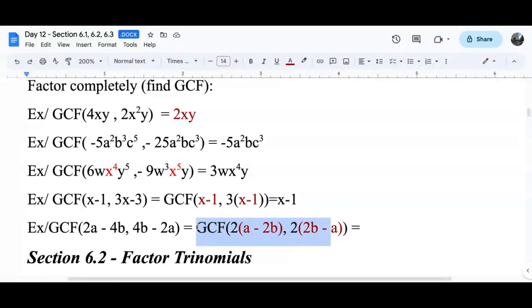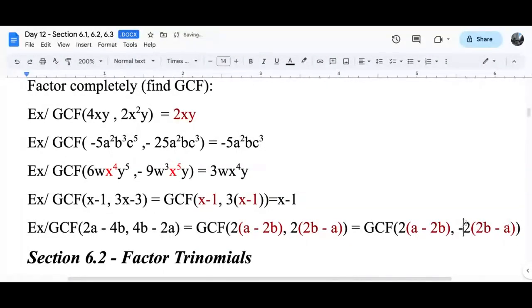The second one we can rewrite as negative 2 times a minus 2b. If we factor out, we still have negative 2a and positive 4b, so we still have 4b minus 2a.